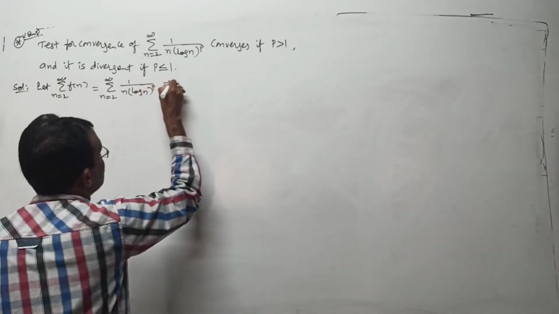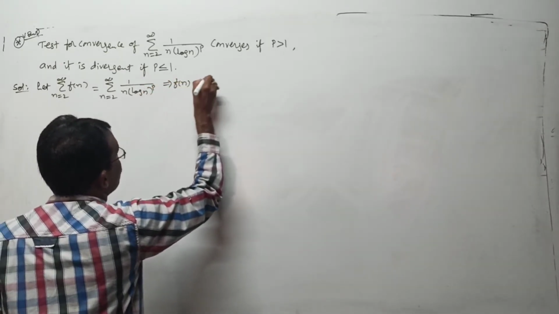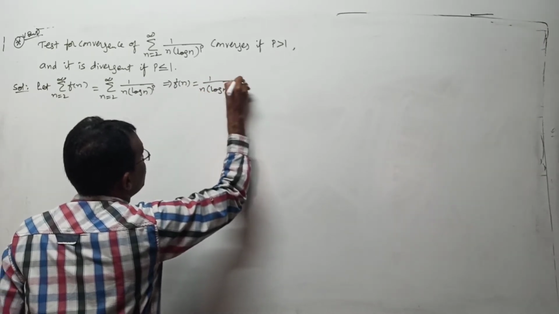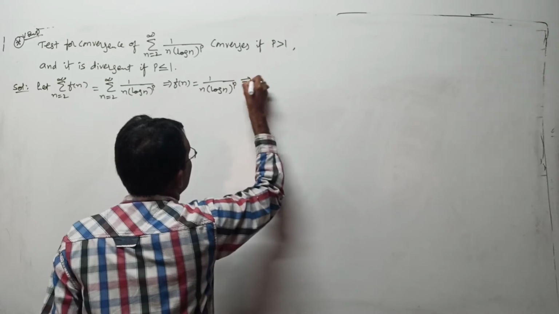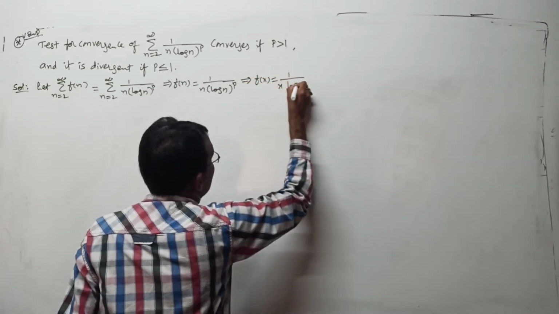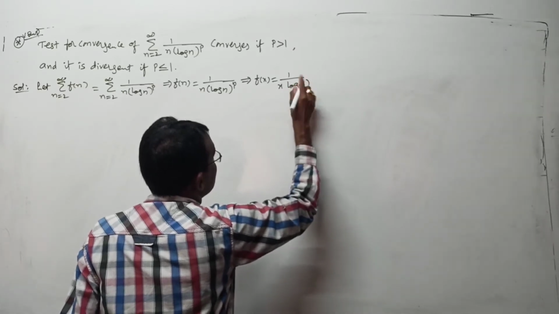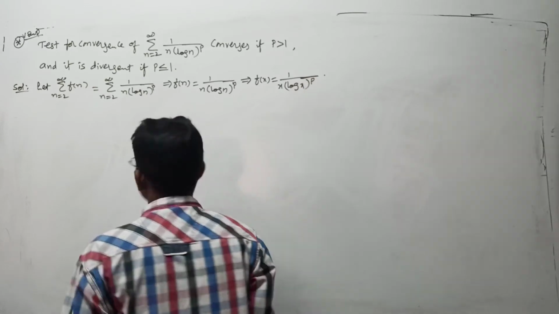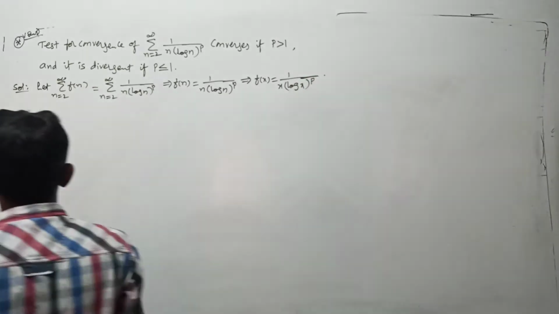This implies f of n is equal to 1 by (n into log n) to the power of p. From this, f of x is 1 by (x into log x) to the power of p.